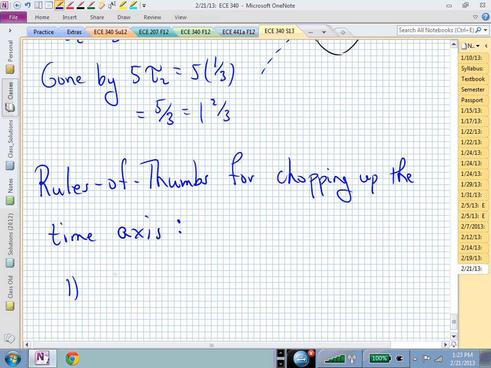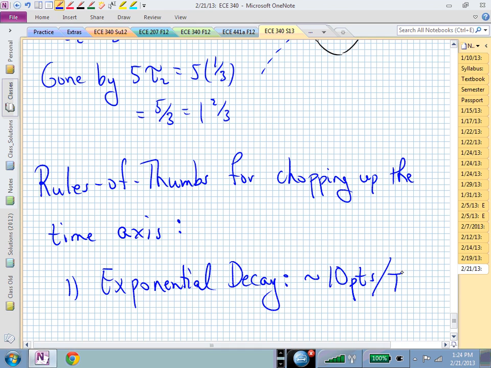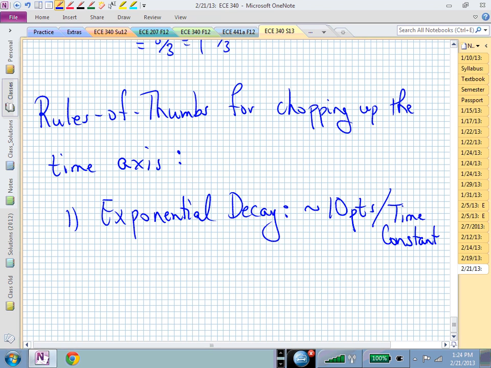We have the exponential decays, and there the rule of thumb is let's just maybe pick 10 points in one time constant. So we have 10 points per time constant. In our particular case, we had a time constant of 1/3.